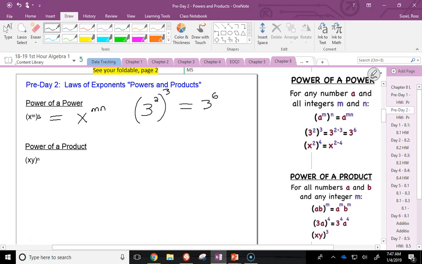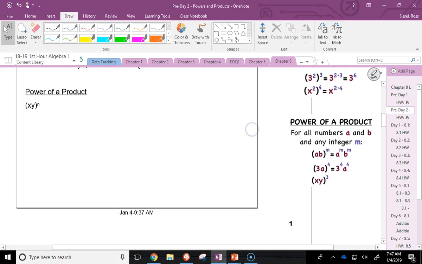Okay? When we have power of a product, two numbers are being multiplied, and then we put the exponent on the outside of them, that is the one where you must distribute it. So I have x times y, and on the outside, I'm putting all that to the n power.